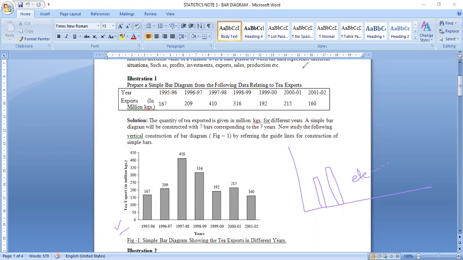So now, what are some rules for drawing the bar? Since this is the frequency, the maximum frequency, if you see, in this case is 410, right?